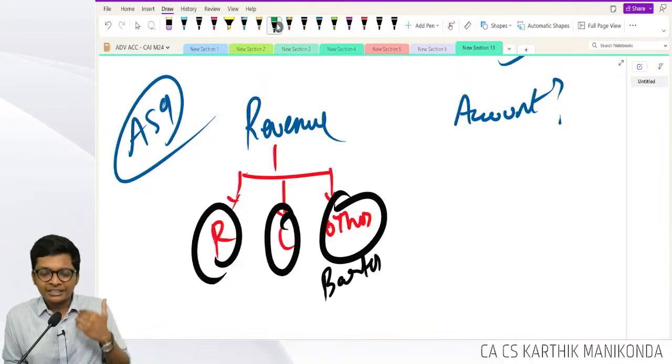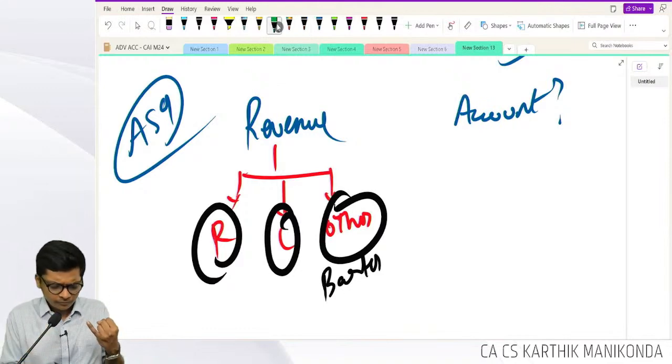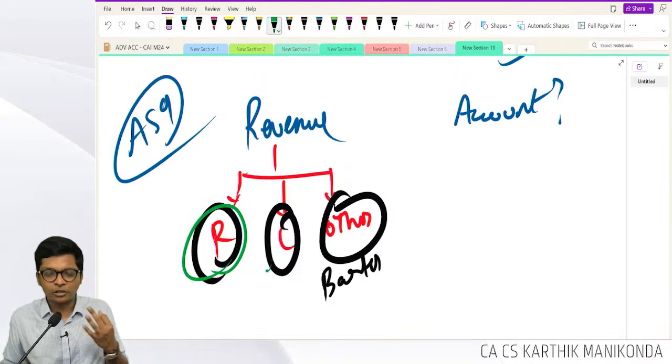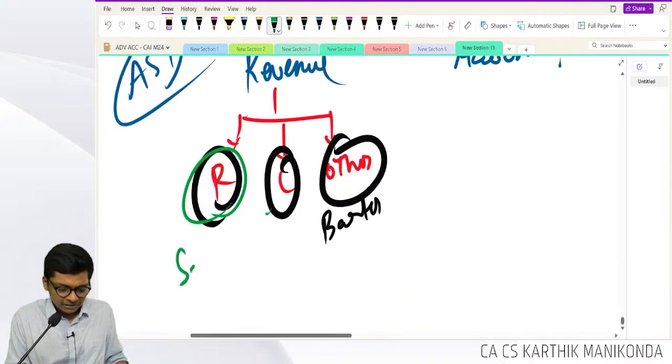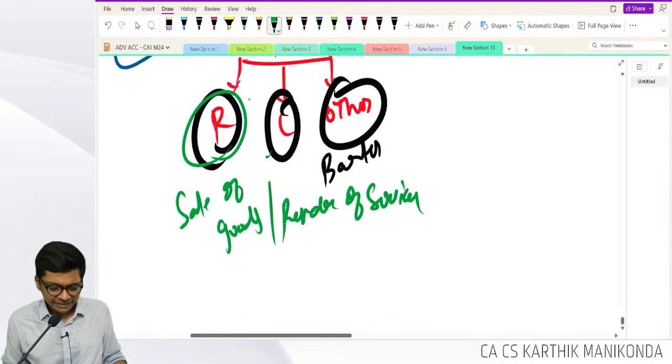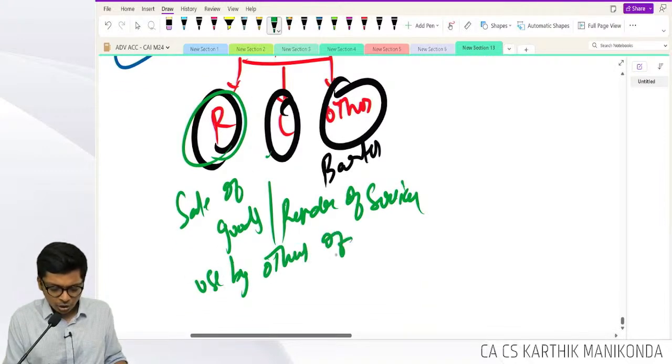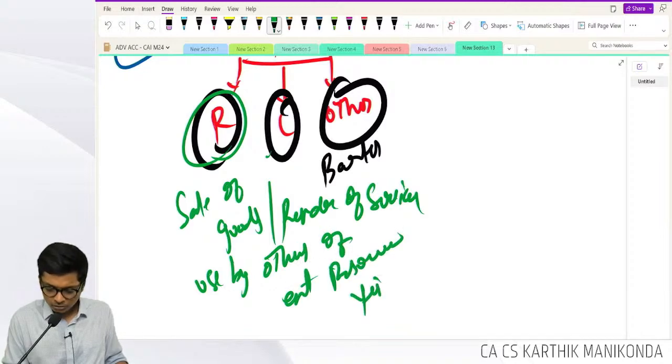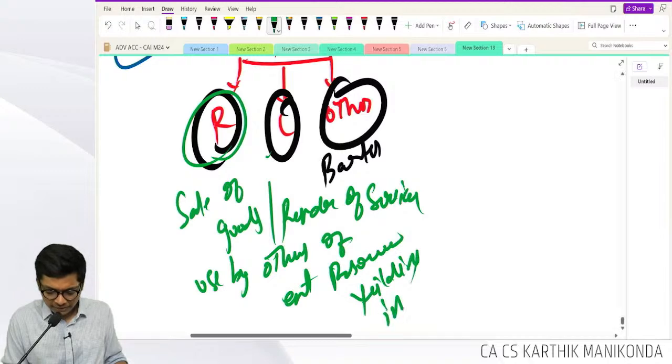If I take a loan, is it revenue? No. Revenue from receivables, credit sales, cash sales or barter system, from sale of goods or rendering of services, or use by others of enterprise resources yielding interest, dividend, royalty.